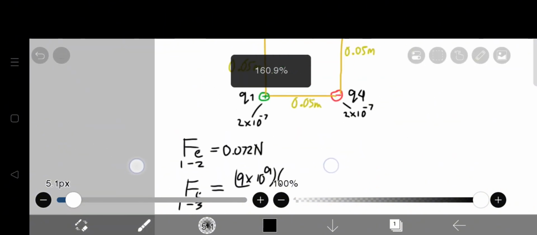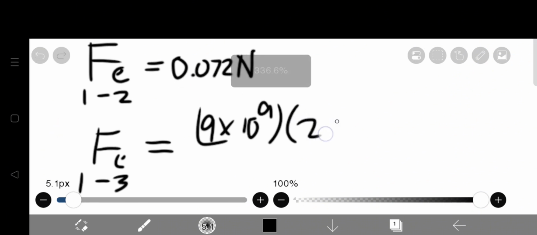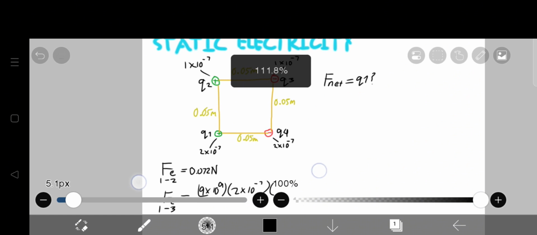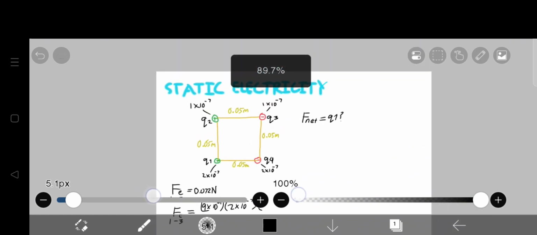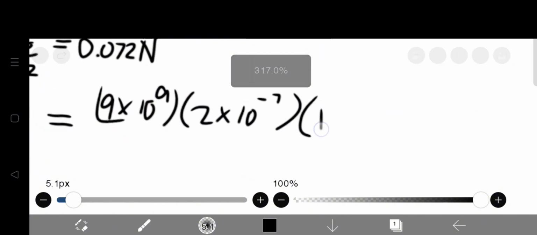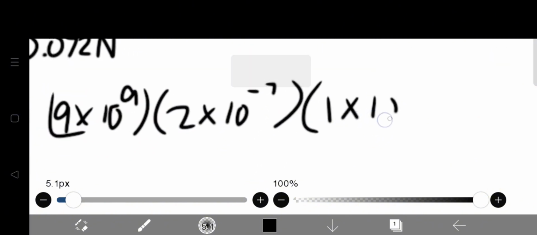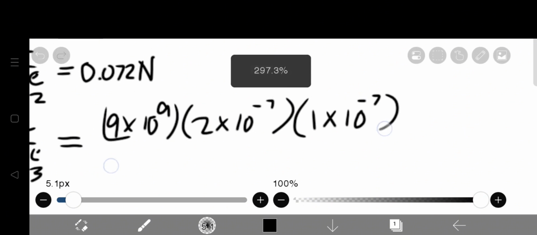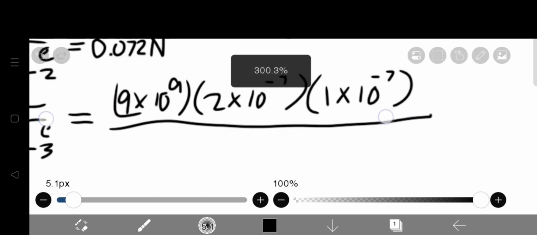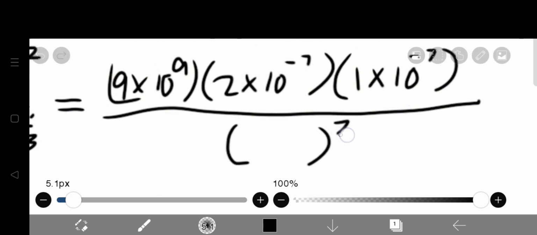And what is the value of Q1? 2 times 10 raised to negative 7. What is the value of our Q3? That would be 1 times 10 raised to negative 7 over their distance squared.